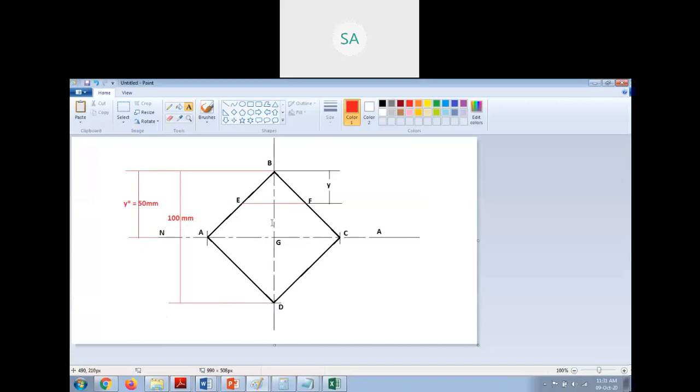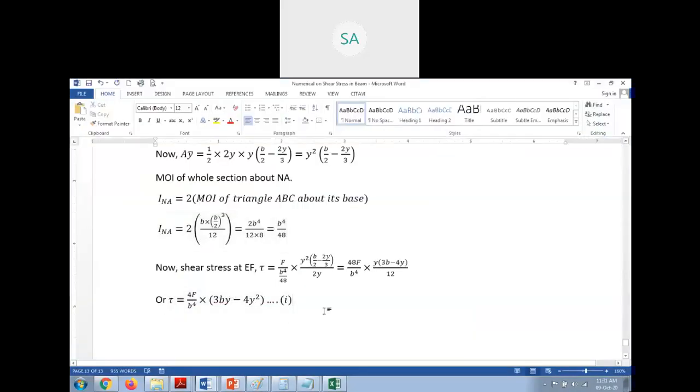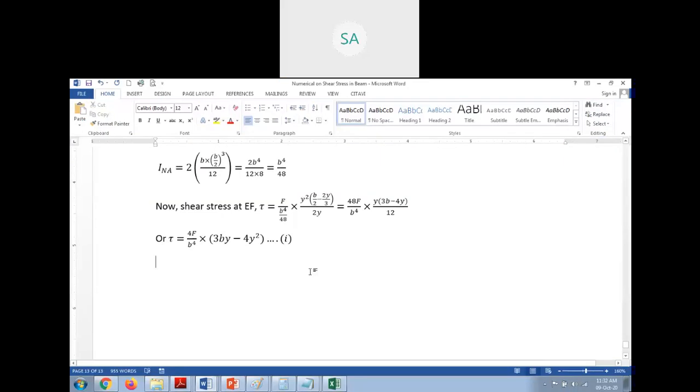Right? You just put the value of y in this expression, you will get the shear stress. Right? Now what I have to do is I need to find the location and magnitude of the maximum shear stress.